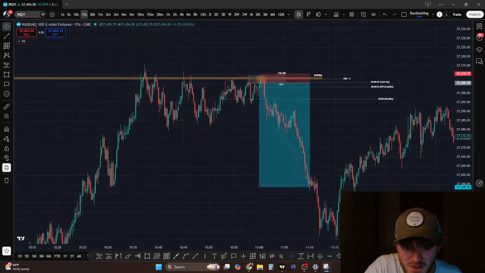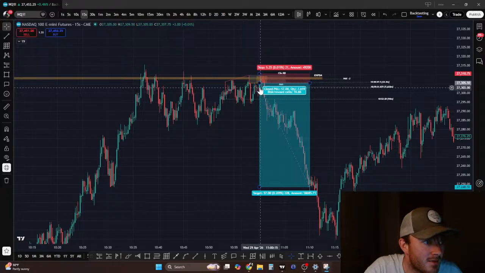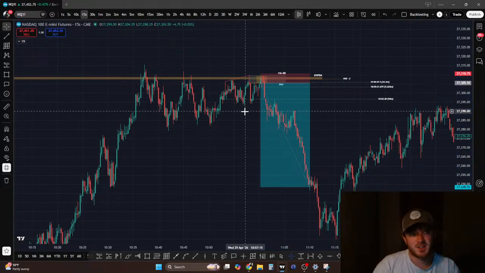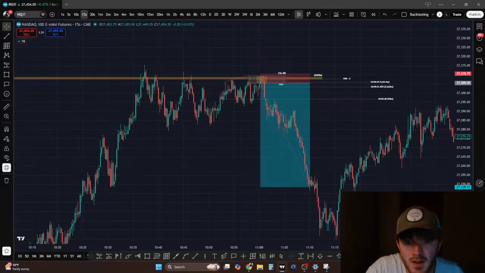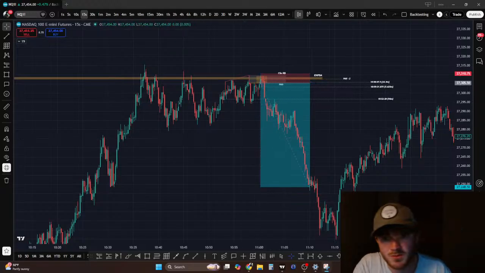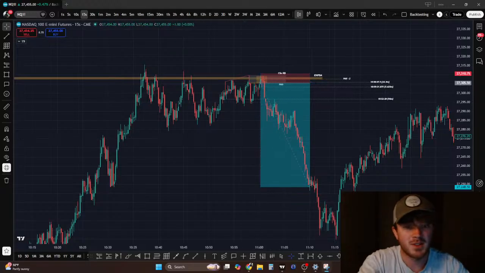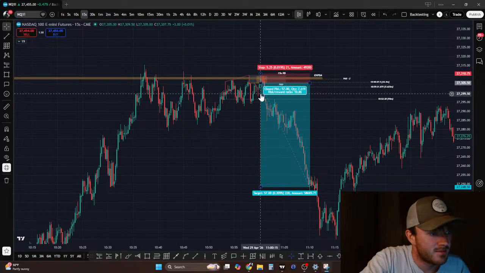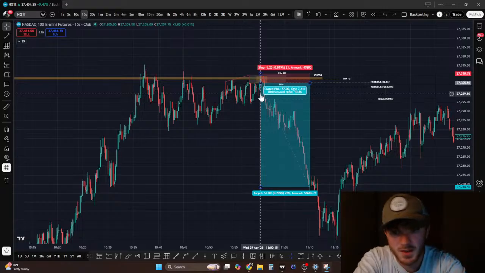I trade pretty advanced concepts, but as far as trading, I could trade other assets. I just don't. I like the liquidity on Nasdaq. It's one of the most liquid markets, if not the most liquid market in the world. There's always opportunity all the time.